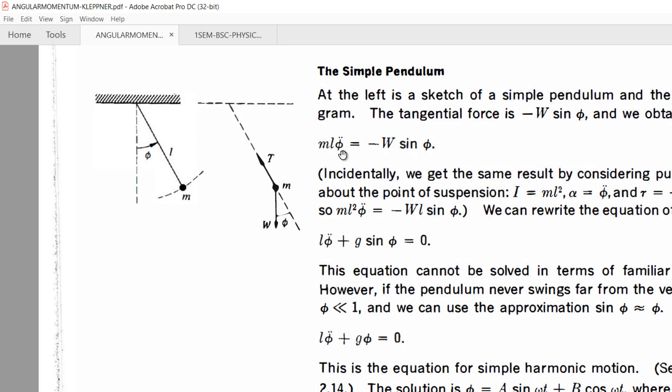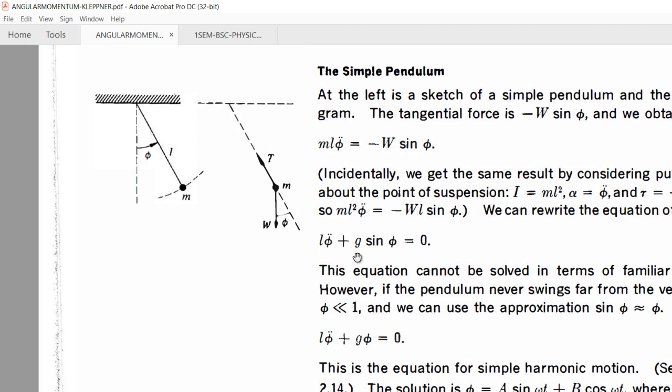A is equal to d square x by dt square. So we put the right hand side on the left hand side, and then I divide by m, so L phi double dot plus g sin phi is equal to 0.